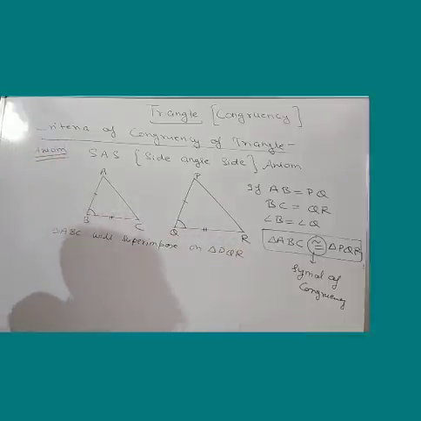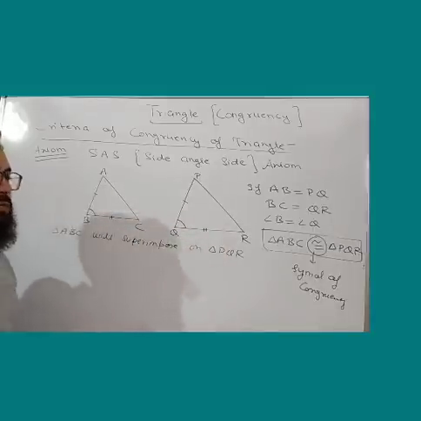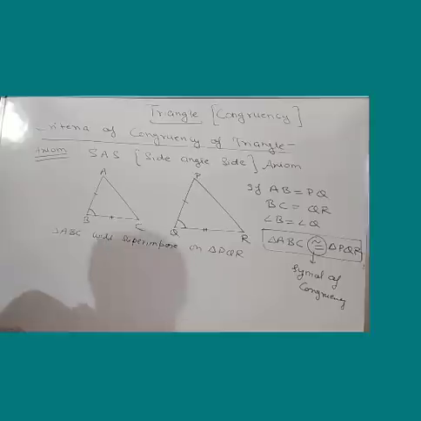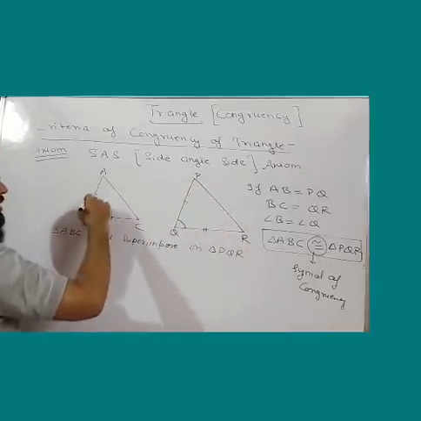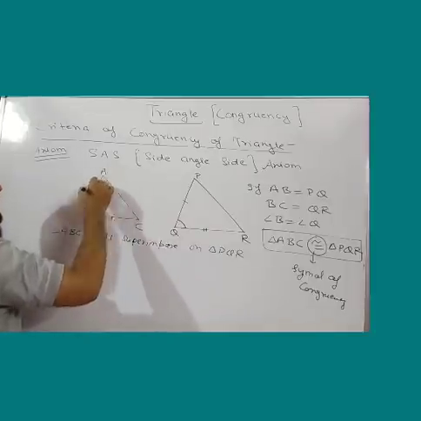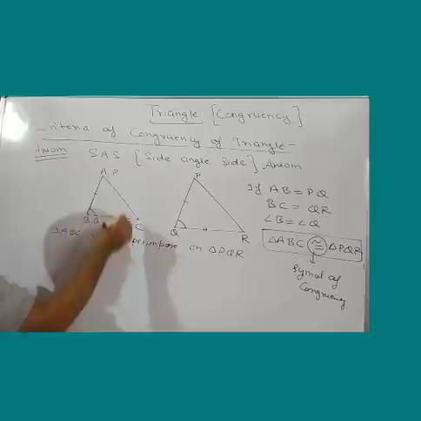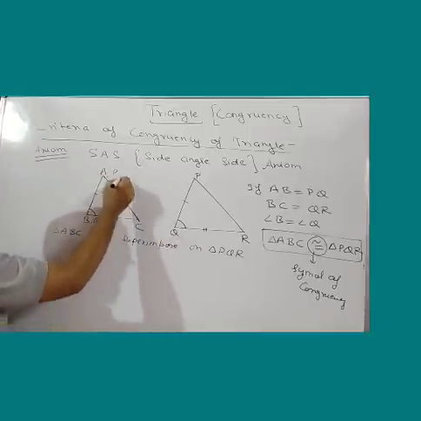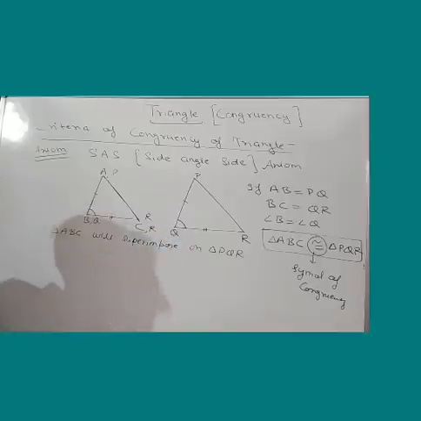And if both the triangles are superimposing on each other, it means side AB and side PQ are superimposing. If we put this triangle on this triangle, so this will be P and Q. Okay, this side will be AC and this is P and R also, and this will be Q and R also. So what does it mean?